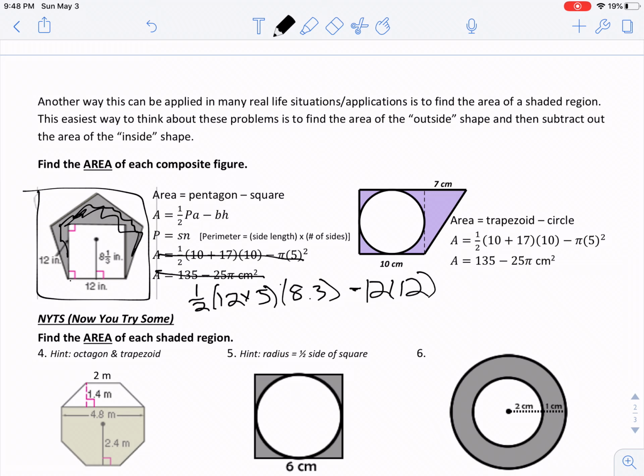All right. 12 times 5 is 60. Times 1/2 is 30. All right. 8.3 times 30 comes out to be 249, I'm pretty sure. I'm going to double check that on a calculator a second time real quick, so bear with me.